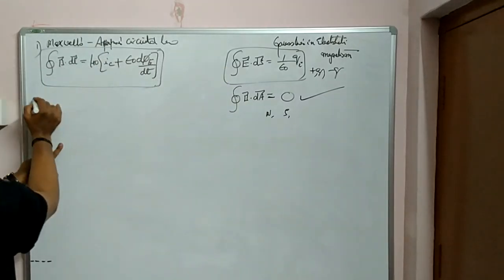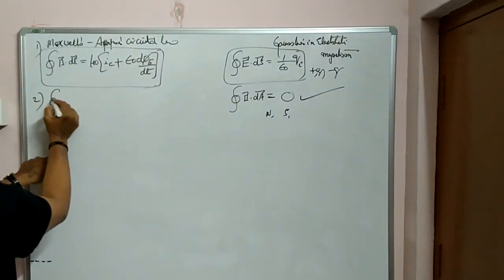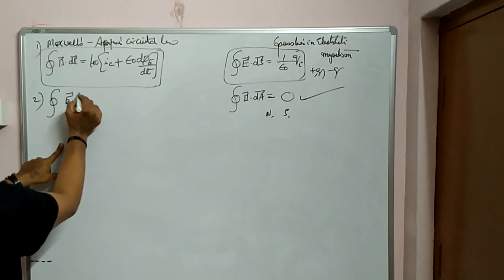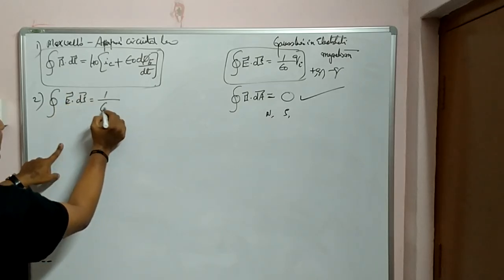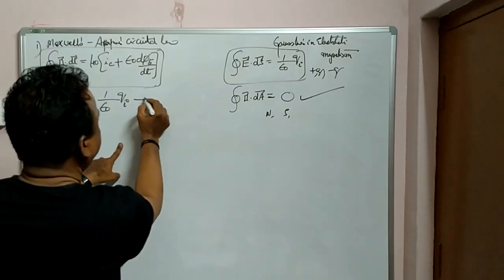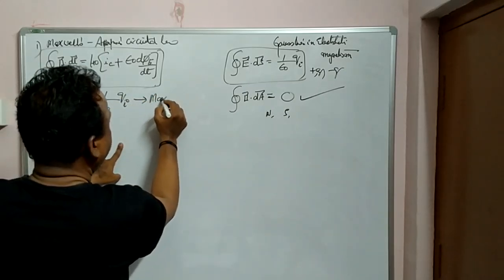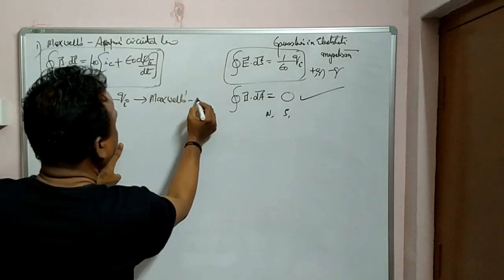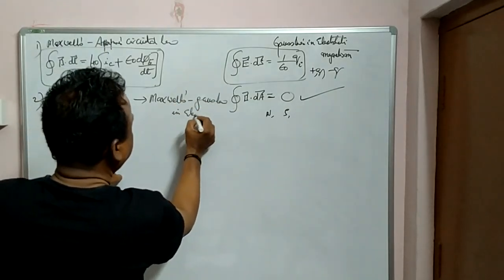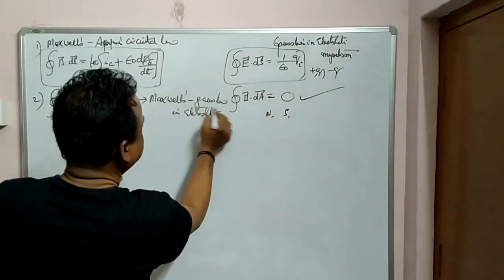Second one, integral E dot ds or dA is equal to 1 by epsilon naught times Q inside. This is named as Maxwell's Gauss law in electrostatics.